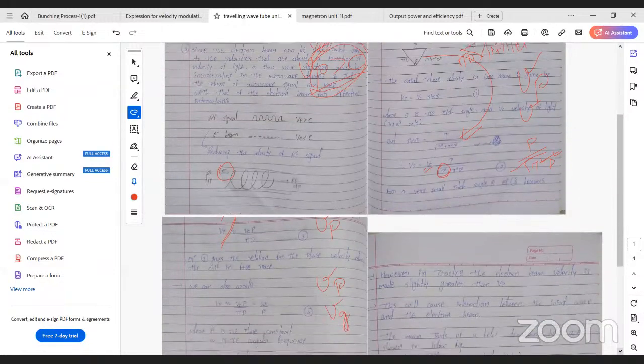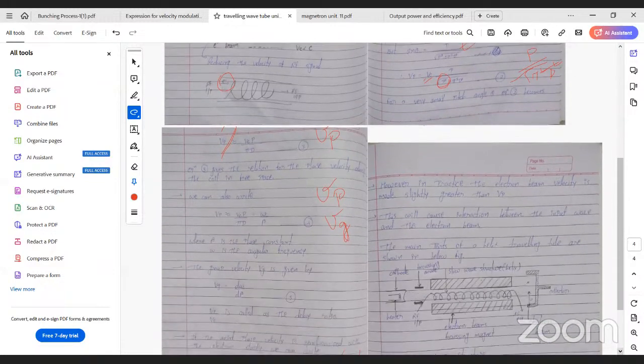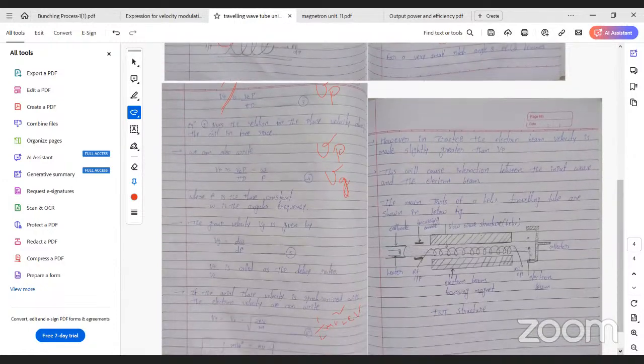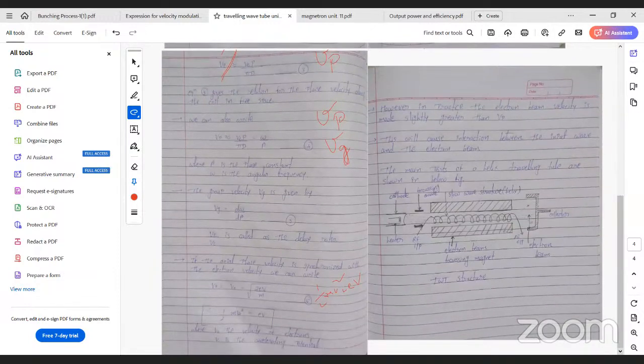In the same way, I calculate the group velocity, d omega by d beta. After calculating the group velocity, I write the kinetic energy: the energy consumed, half m v square equals EV. From that, I take V naught, where V is the accelerating potential and V naught is the velocity of the electrons.